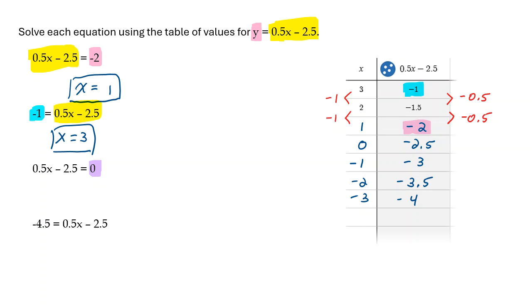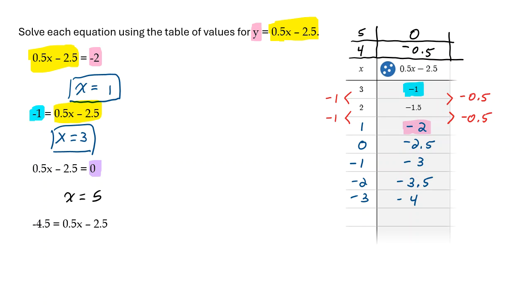So let's extend this table up here. Let's say I let x be 4. Then the y value would go up by 0.5, and so that would be negative 0.5. If I let x be 5, y would be 0. So there's our answer, x equals 5.